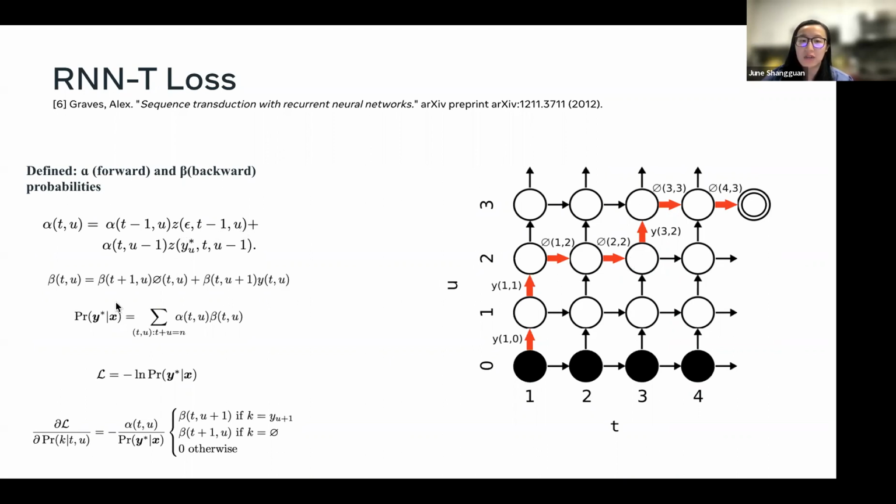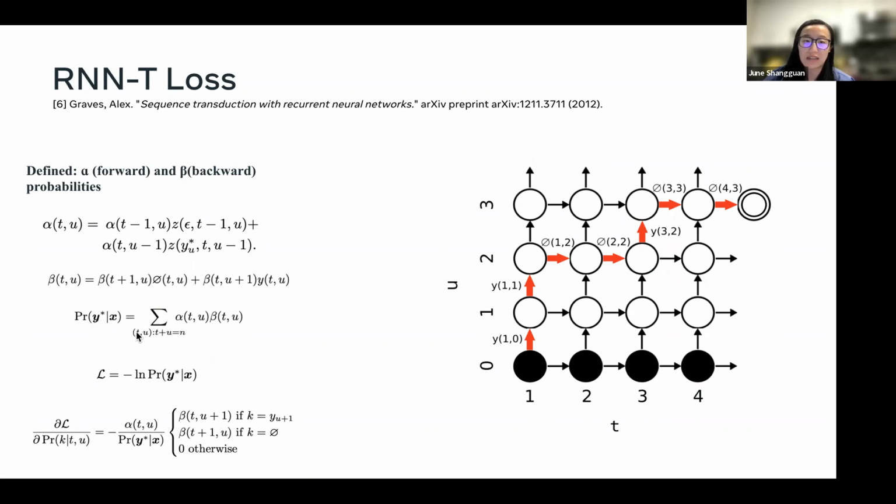Similarly, you can define the backward probability beta using a similar method, which means that 3-2 can sum up the backward probability from the node above and the backward probability from the node to the right. That's what the second equation is. The probability of any alignment in here is the forward probability times the backward probability, for all the nodes that will be aligned to this ground truth transcript.